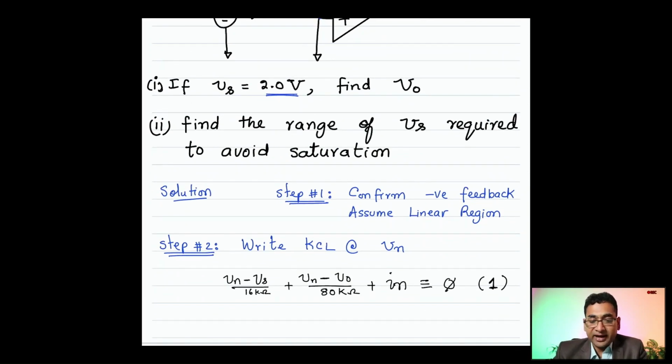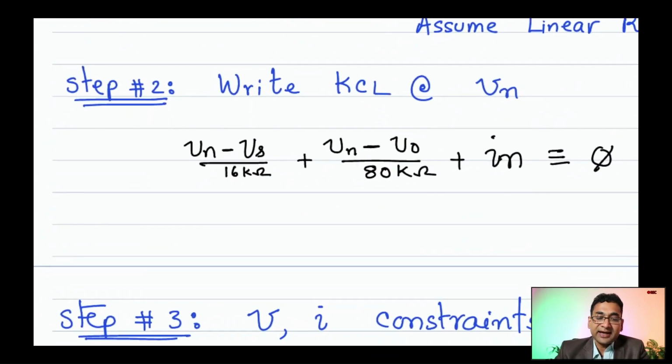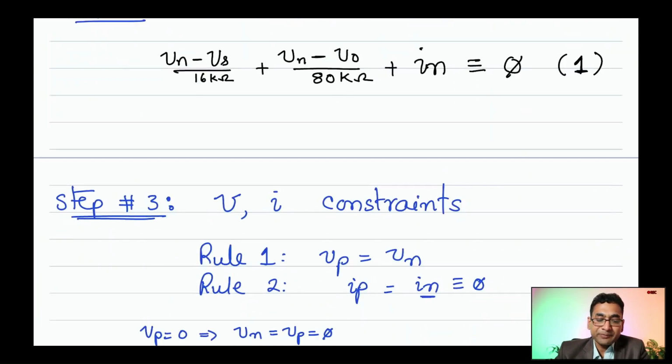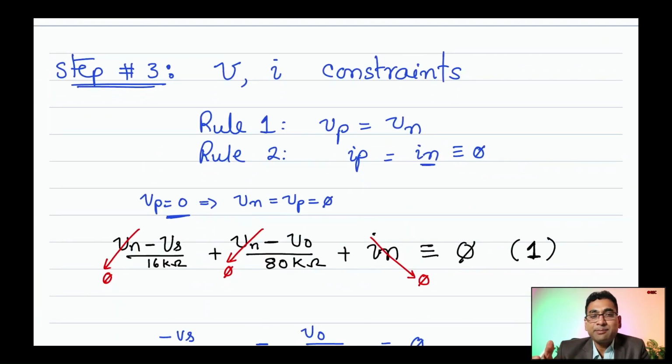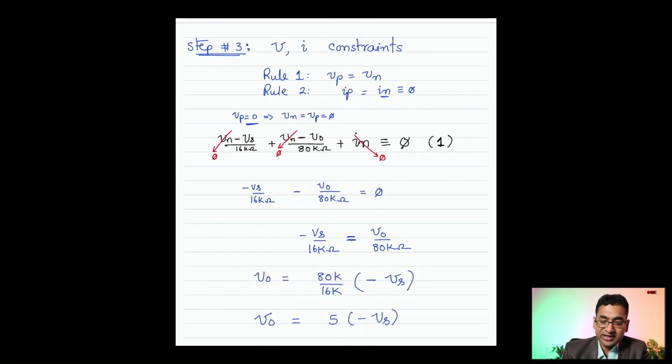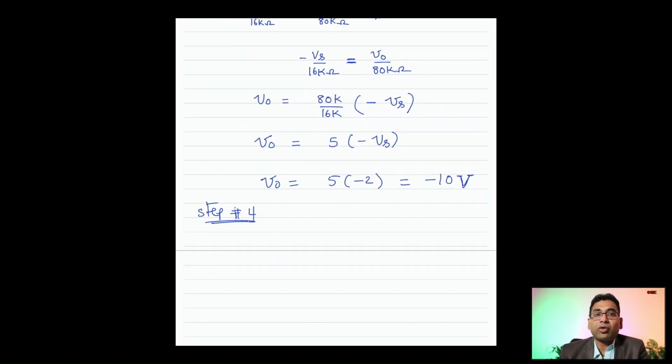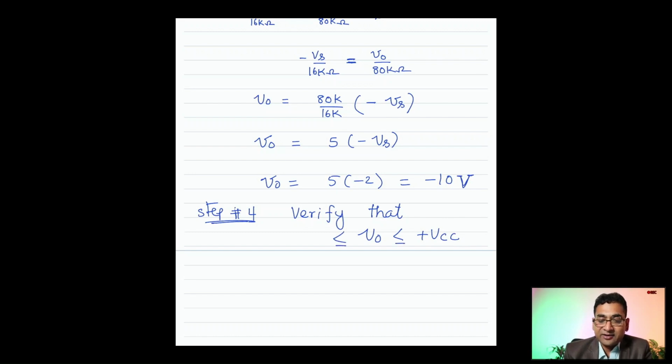If there is negative feedback, assume linear region of operation. Then write KCL at the inverting input terminal. Then apply the simplifying rules. Now, step number 4 is to verify that V output is less than positive VCC and greater than or equal to negative VCC.